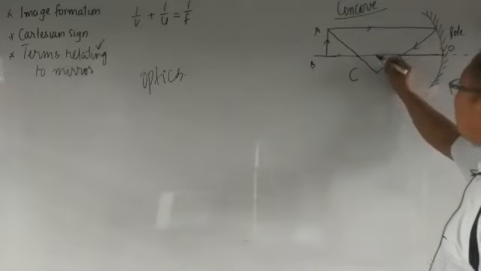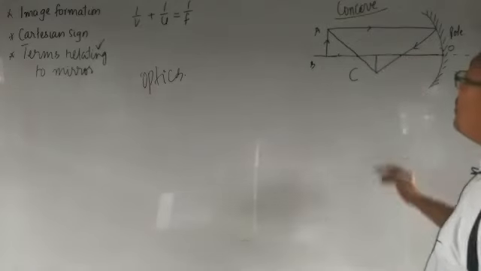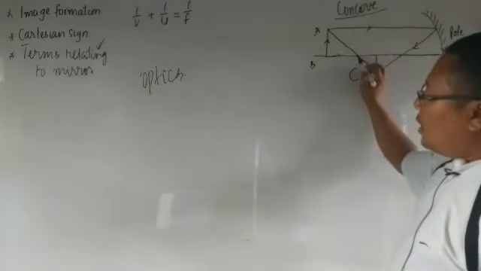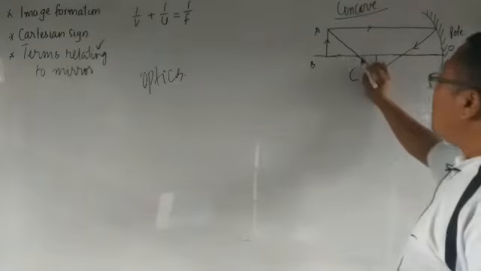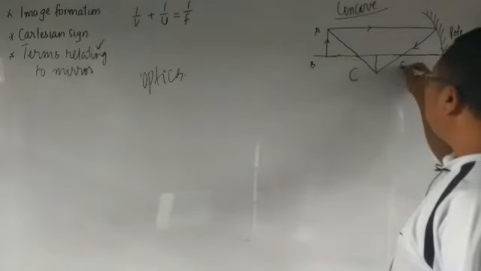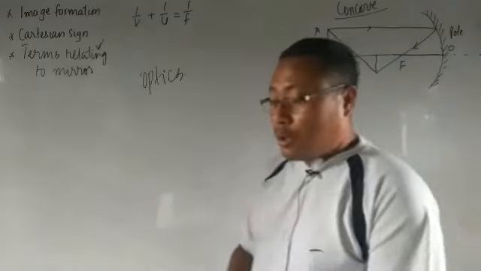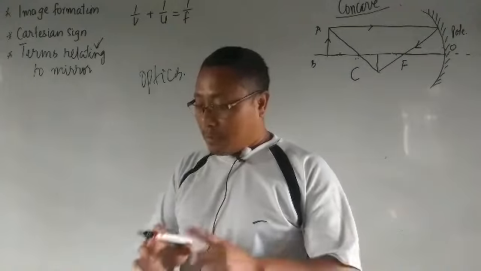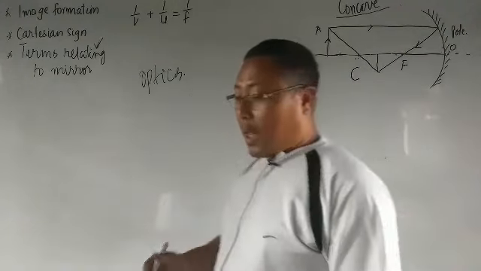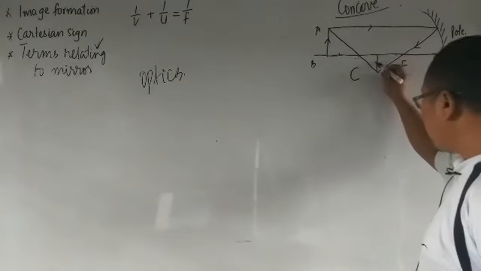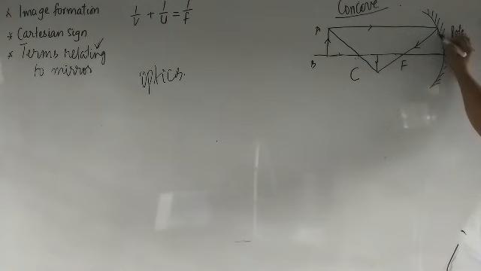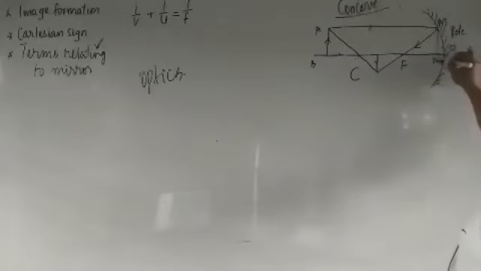Then the image is formed here. So when the object is placed beyond the center of curvature, the image is formed between the center of curvature and the focus. If you turn your page and look at what you have written, the image formation that you did, you will have it like this. So this image is inverted. I'm going to take an imaginary line perpendicular to AB, and I'll call this M and this N.